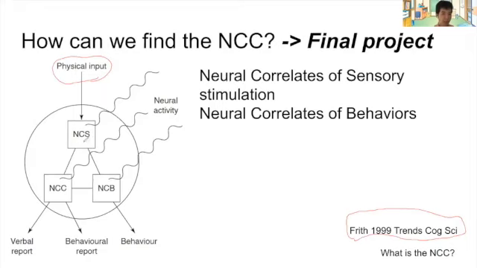And then initially, there is a neural correlate of sensory stimulation that reflects what's out there, in terms of the processing. And then that leads eventually to neural correlates of consciousness that give rise to our conscious experience. And also, it generates some kind of behavior, okay?